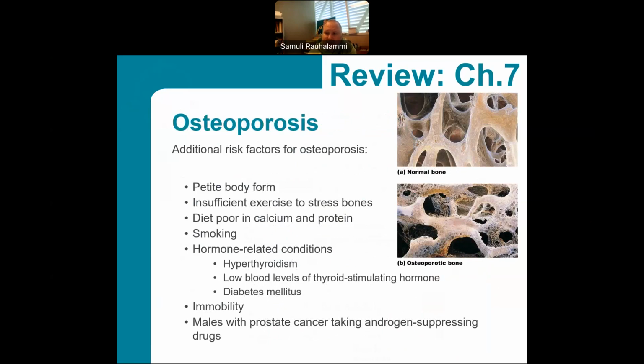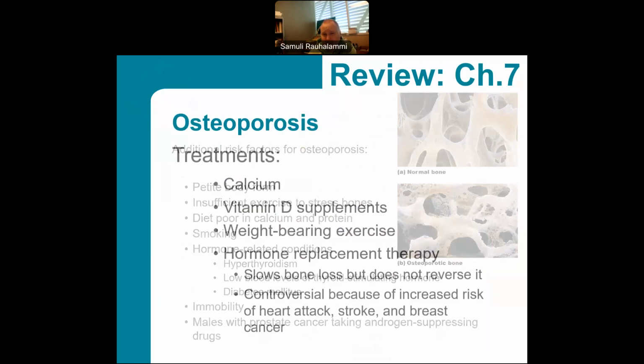Osteoporosis is a clinical condition that I've highlighted here, when we have insufficient bone density. So again, this is something that impacts especially females post-menopause. So ensuring that we build that strong skeleton before that is very much a worthwhile activity for us.